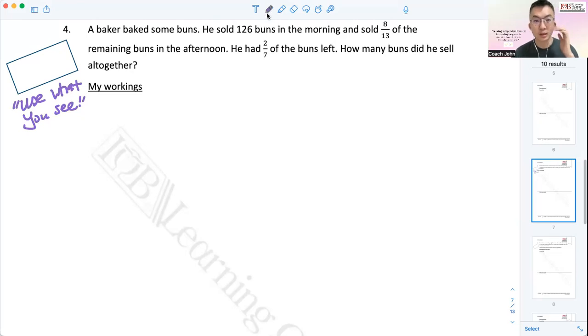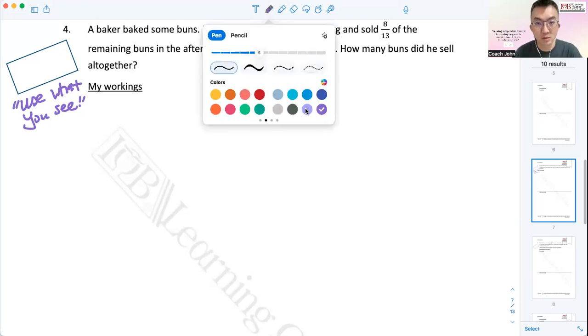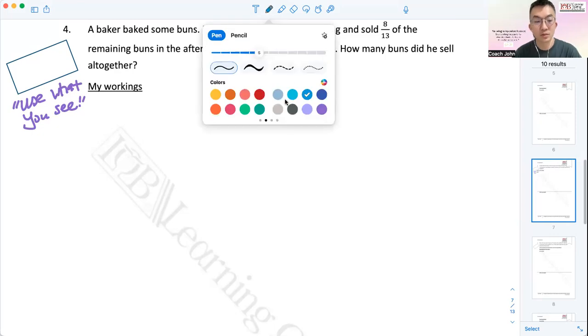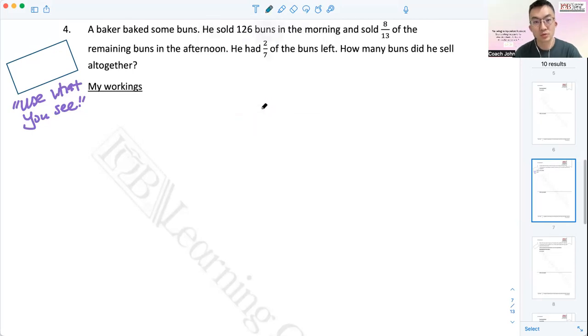The first thing that I always teach my students is you need to underline numbers, underline keywords, circle numbers, and if it's a very important keyword, you need to double underline. So let's say you are holding on to a blue pen.